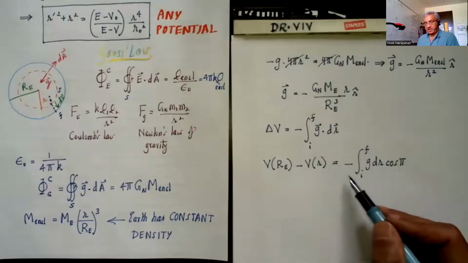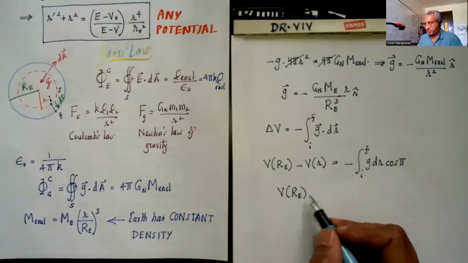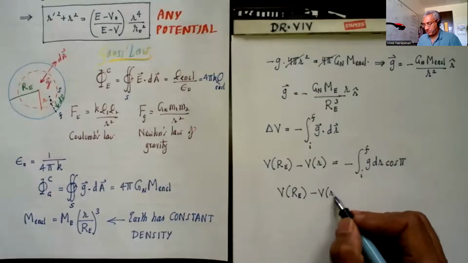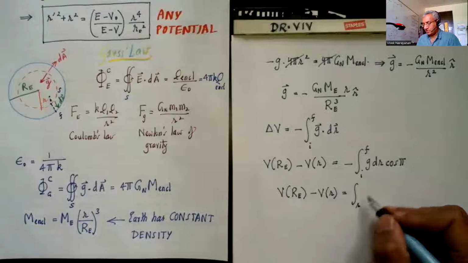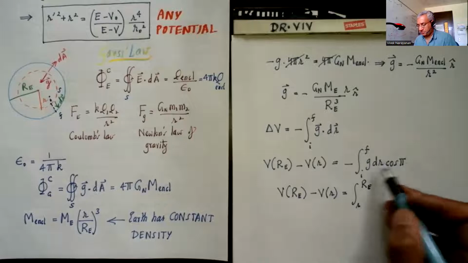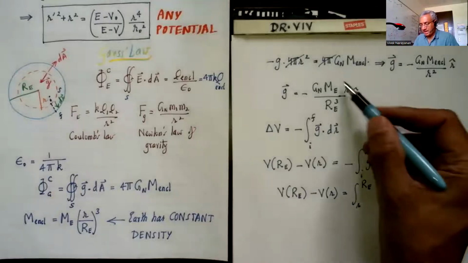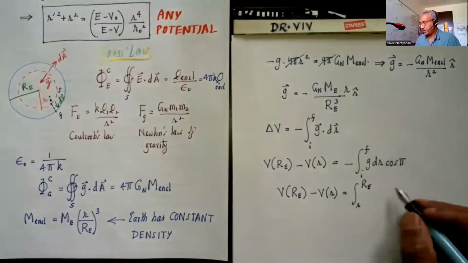Cosine pi and the negative sign cancels out, so I get V at the boundary minus V inside is equal to the integral from little r to capital R sub e. The negative sign is gone, and G, which is just the magnitude, is this part without the negative and the r hat. So I'll copy that down there.